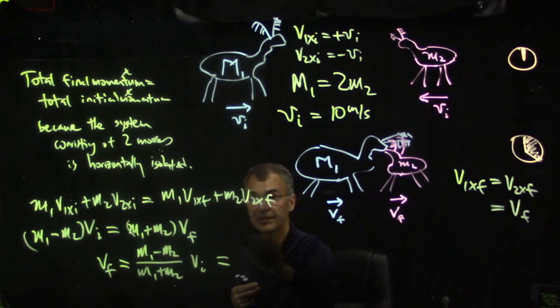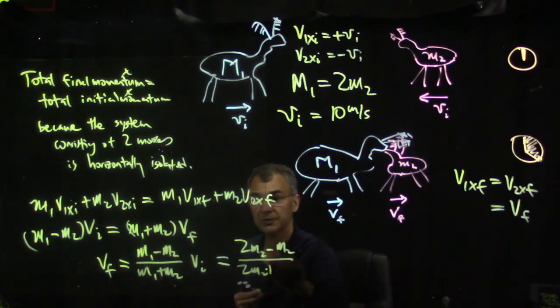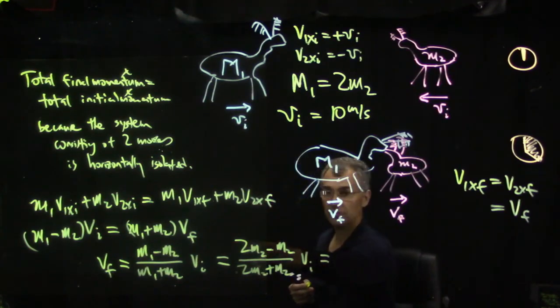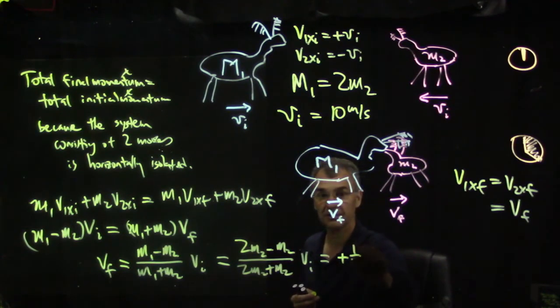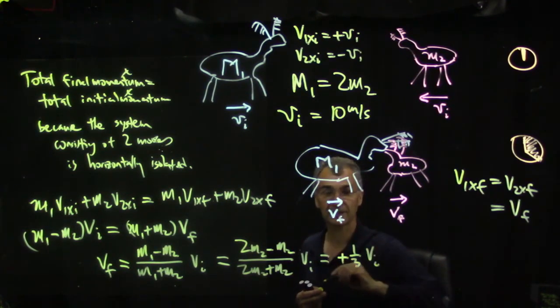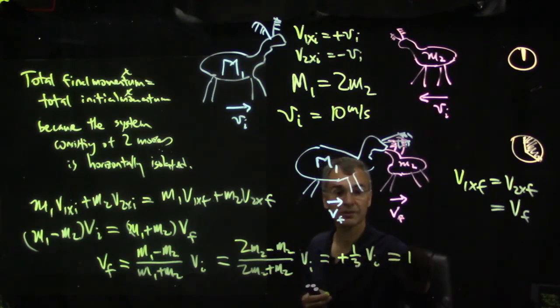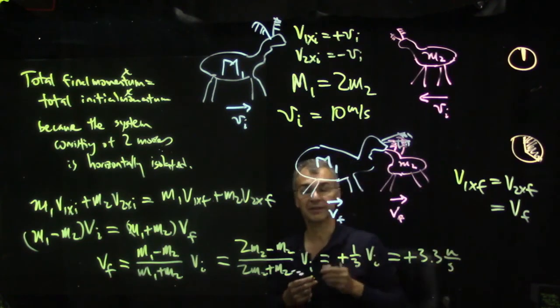So this is (2m2 minus m2) divided by (2m2 plus m2) times v initial. That's 2 minus 1 is 1, and 2 plus 1 is 3. That's 1/3, so this is plus 1/3 v initial. So I guess that means plus 3.3 meters per second, about that.